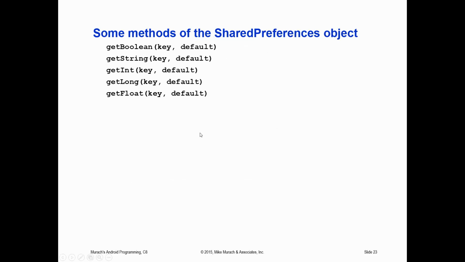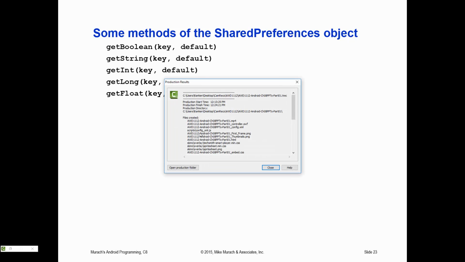Some of those methods, shown right in the middle of page 245, are getBoolean, which gets a Boolean value for the specified key, and again, if it doesn't exist, it gets the specified default; getString, which gets a string value for the specified key; getInt, which gets an integer value for the specified key; getLong, which gets a long value for the specified key; and getFloat, which gets a float value for the specified key.